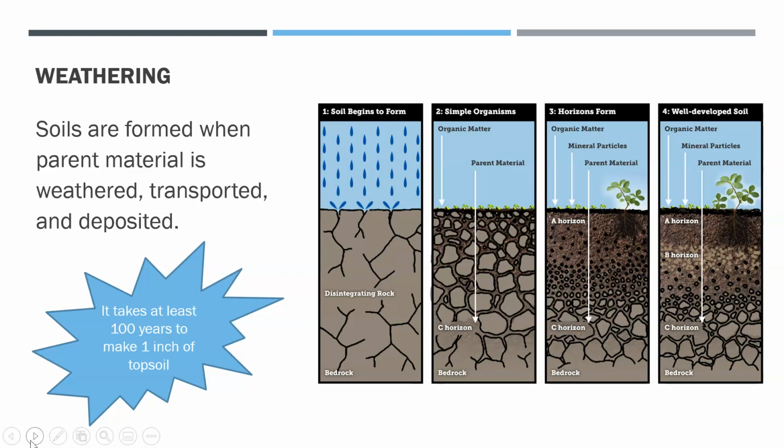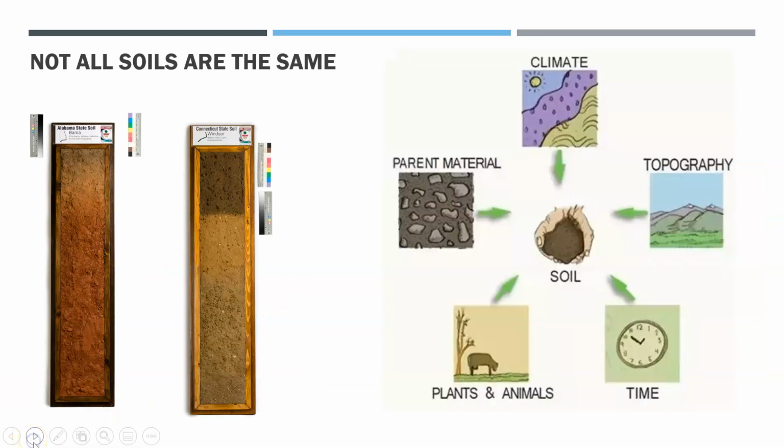Over time, they break down these parent materials into what's called horizons, and the soil becomes more stratified with the larger fragments of the parent material at the bottom, and then as you get closer to the surface, it gets finer and finer. Fun little fact for you, it takes at least 100 years just to make 1 inch of the precious topsoil at the top of our soil horizons.